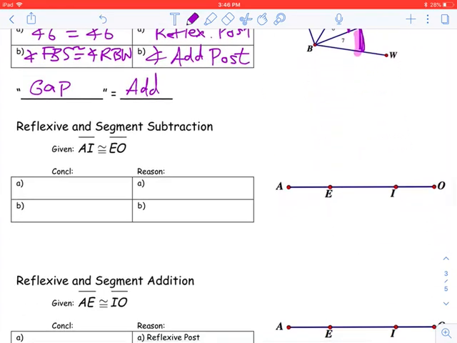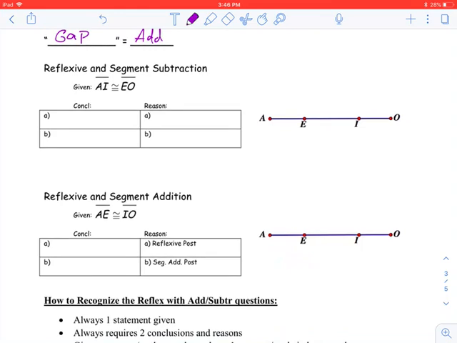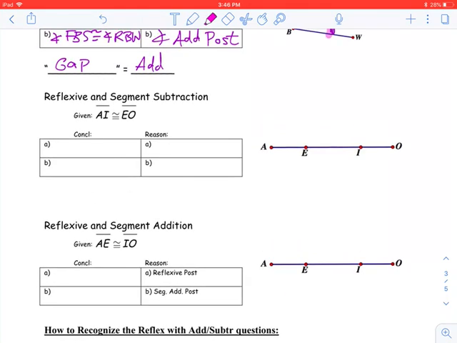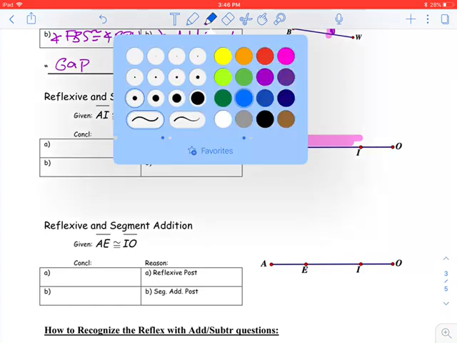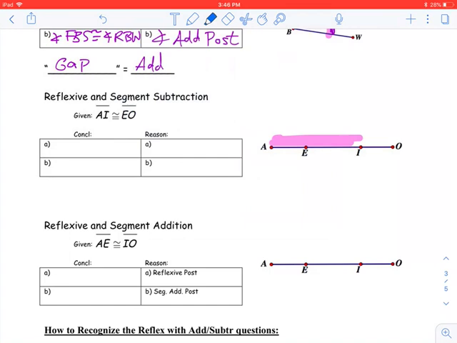So the same exact thing happens for segments. So look at what we have for this one. It says AI is congruent to EO. Well, again, look at what we have. We have an overlap. So EI is congruent to EI by reflexive.